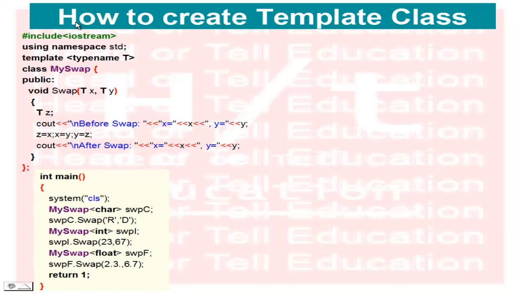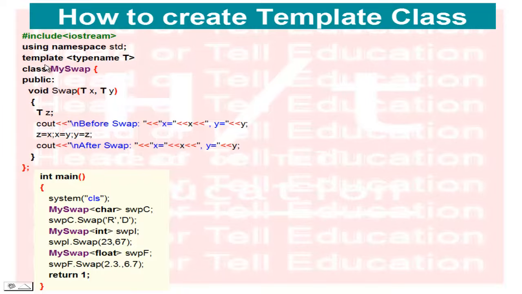So first we understand how to create a template class. In this slide I have created a very simple class. First we include #include iostream.h and using namespace std. The main and important part here is the template keyword.